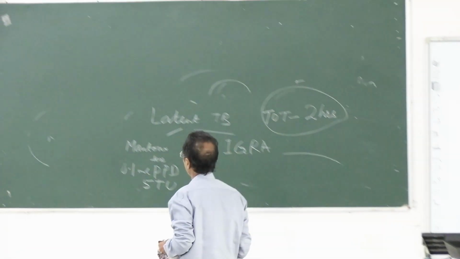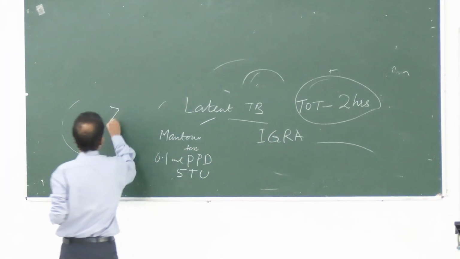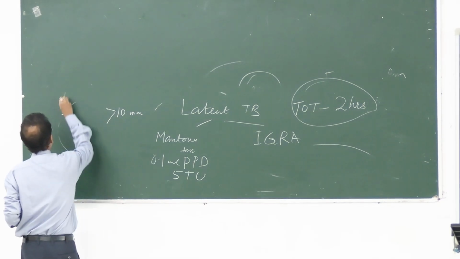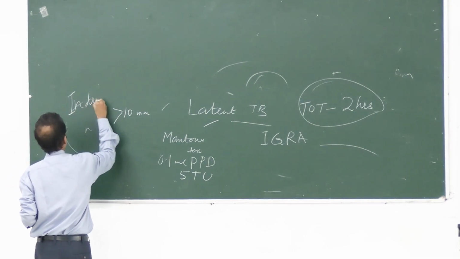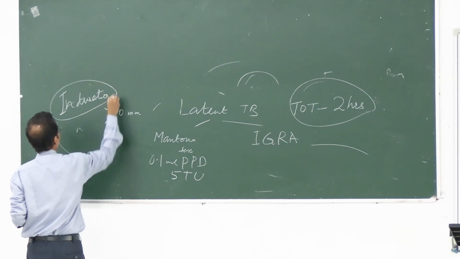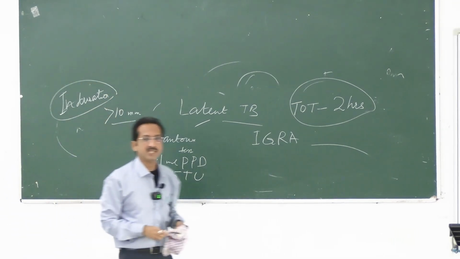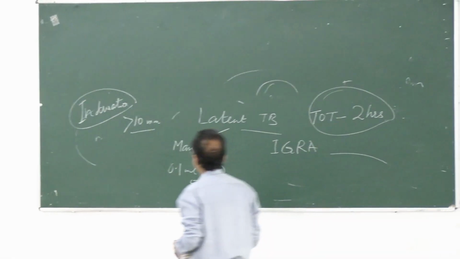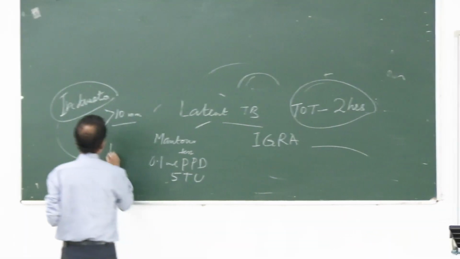So induration is to be measured, if it is more than 10 millimeter of induration, it is positive. Induration is the thing to be measured. More than 10 millimeter is positive. What is the drawback? It is positive even with BCG vaccination.